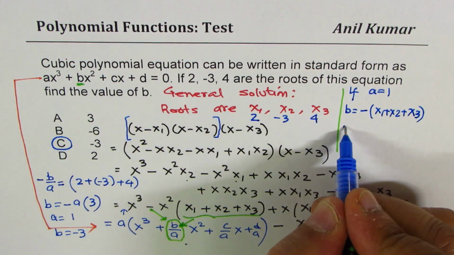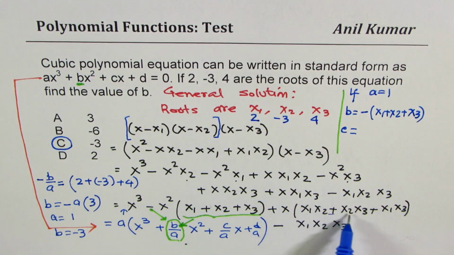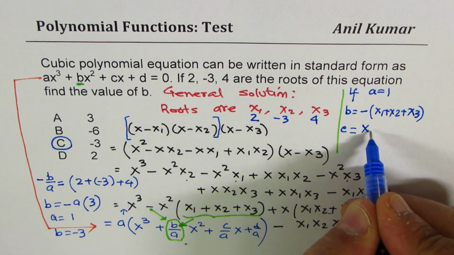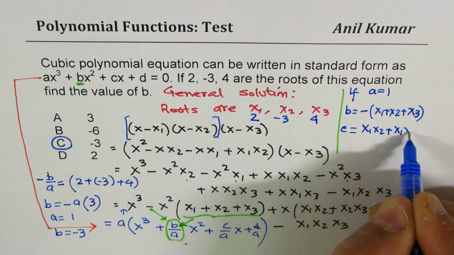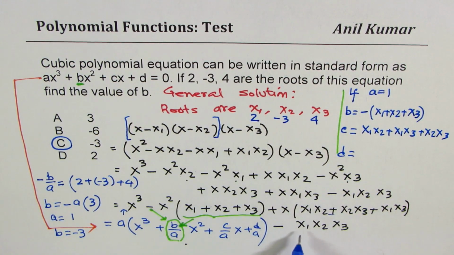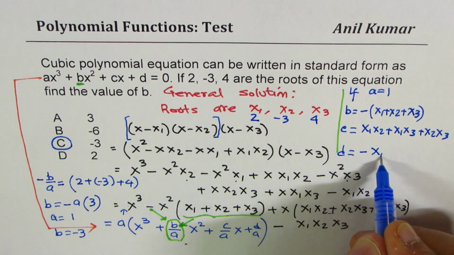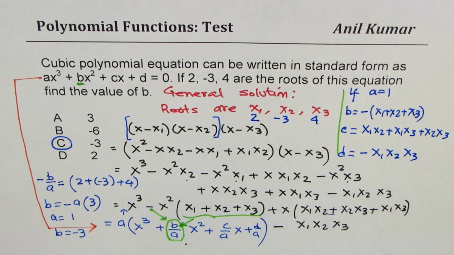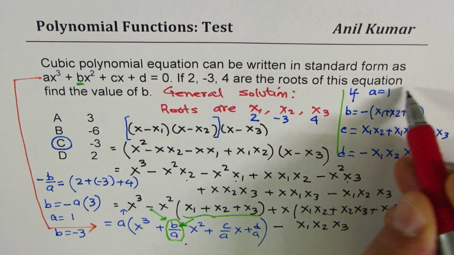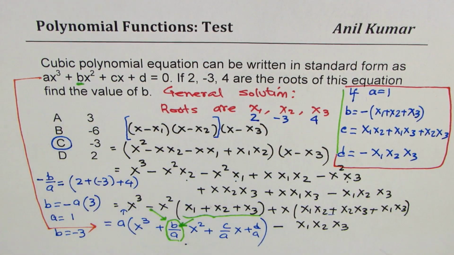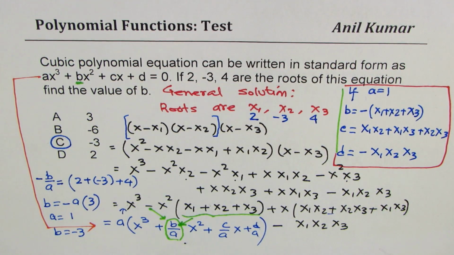And we can write c as the sum of the pairwise products, positive: x1 x2 plus x1 x3 plus x2 x3. And the value of d will be the negative of the product of the roots. That is how you can link the coefficients of a cubic function with the given roots. I hope now it is absolutely clear.